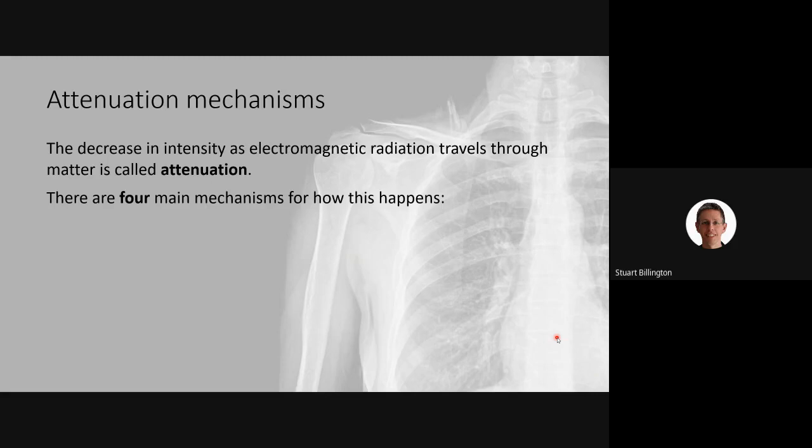Okay, so there are four main mechanisms, physical mechanisms, by which X-ray photons are absorbed or otherwise scattered by the human body.